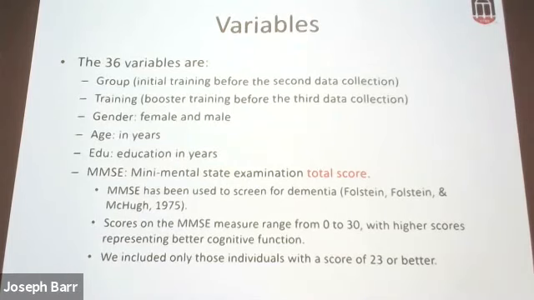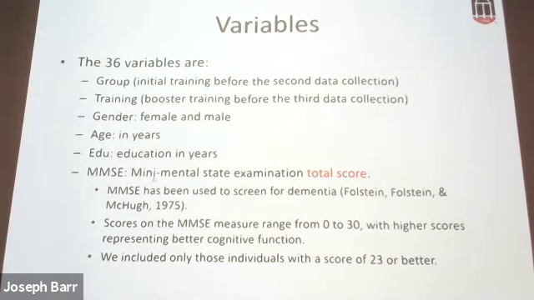There are 36 variables in total. So we have the group variable, which indicates the initial training or the post training, and those are not important for data analysis in our mediation analysis. Also gender, age, EDU (education years), and MMSE.